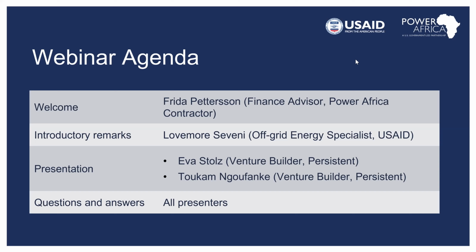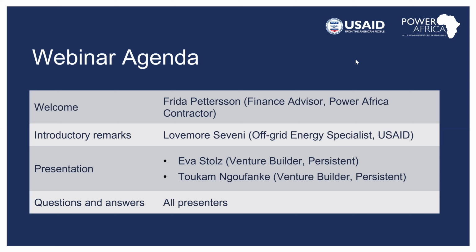My name is Lovemore Sevini, and I'm an off-grid specialist with Power Africa's Beyond the Grid program. For the benefit of those who might not be familiar, Power Africa was launched in 2013, and it's a US government-led partnership focused on doubling energy access in sub-Saharan Africa by the year 2030. This partnership is coordinated by the United States Agency for International Development, commonly known as USAID, which is where I work as well.